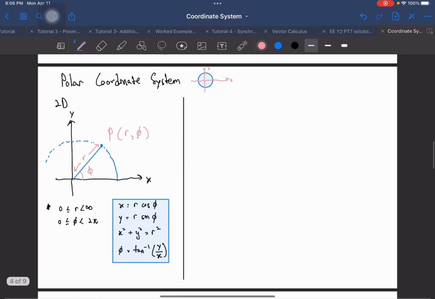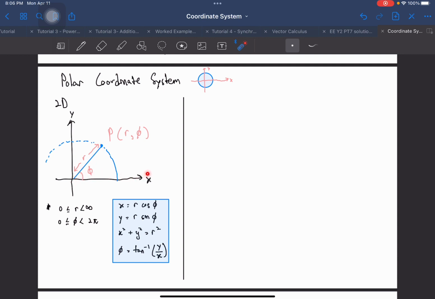So as you can see here, this is your point P, and your point P can be determined by r and phi. This r is a distance from the origin, or we can say that it is a displacement from the origin, and the phi is the angle of r with the x-axis.